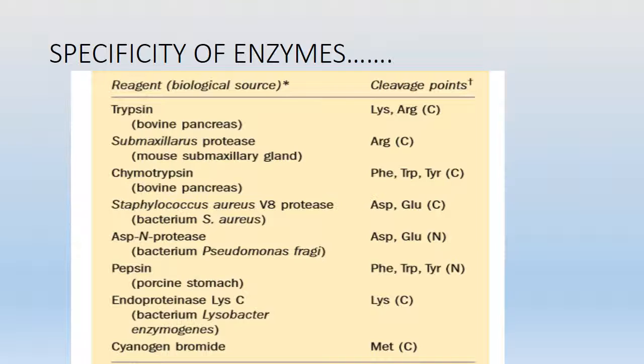In the further slides you will see lysine denoted as K and arginine denoted as R, because these are the one-letter codes for lysine and arginine respectively. Similarly, you have chymotrypsin, pepsin, and cyanogen bromide that cleave at particular amino acids only. This is called the specificity of enzymes for their cleavage.